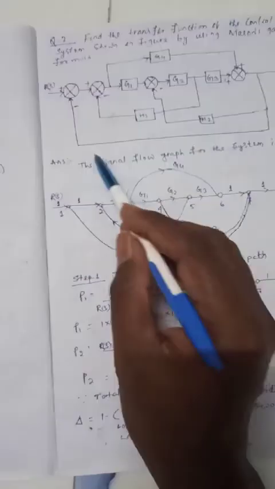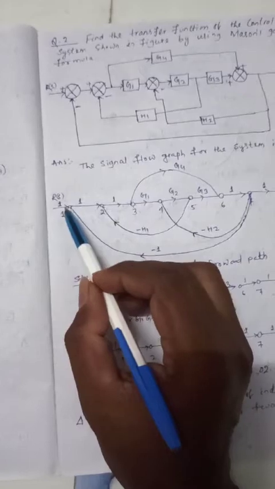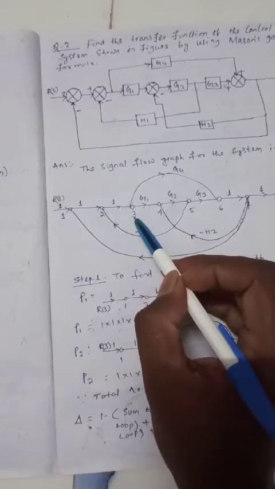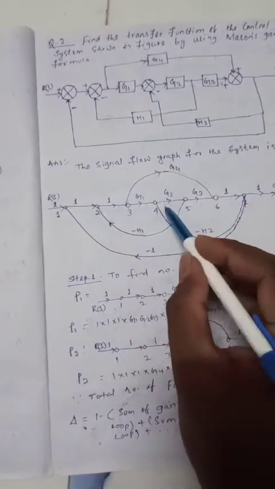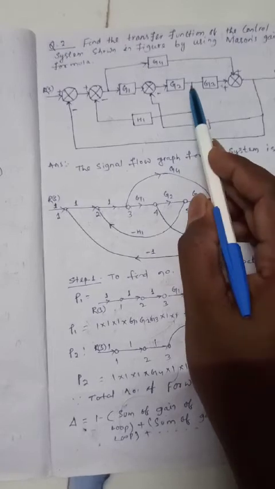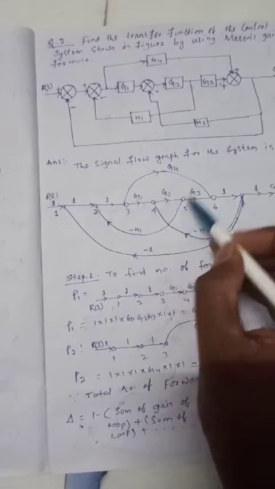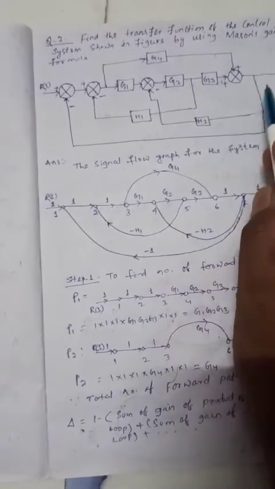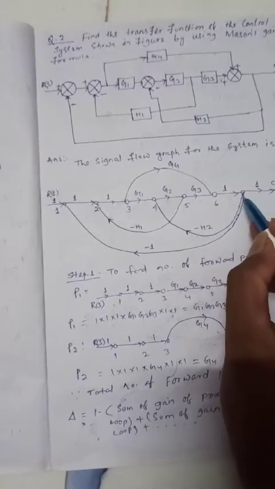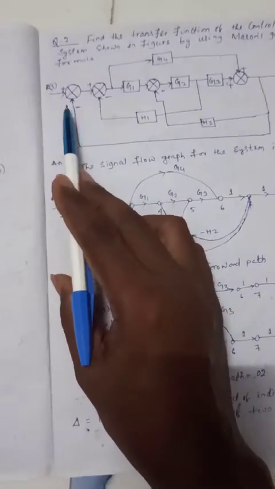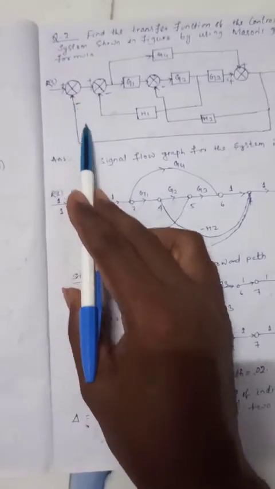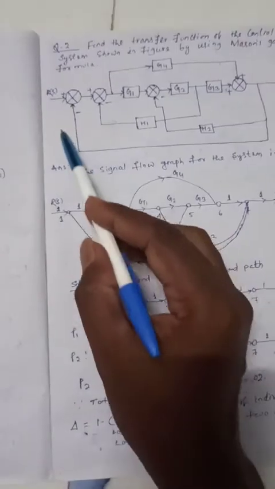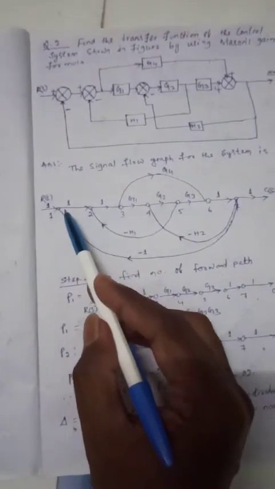This summing point is noted as node 1, this summing point as node 2, this takeoff point as node 3, this summing point as node 4, this takeoff point as node 5, this summing point as node 6 and this takeoff point as node 7. One feedback loop is carried from node 7 to 1. So this is the construction diagram of the SFG.